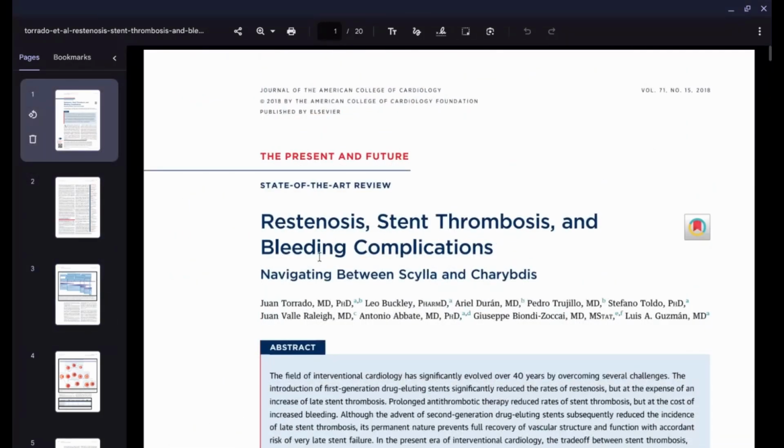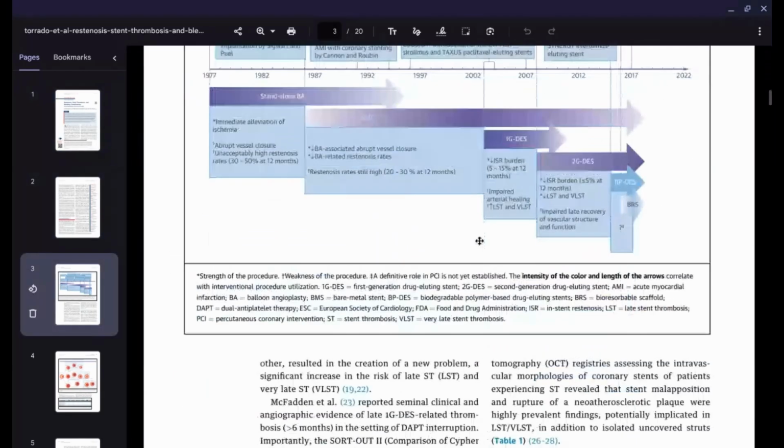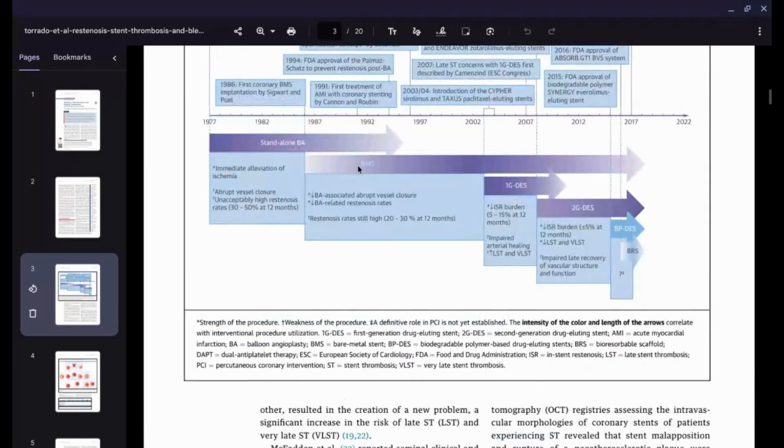So we have to understand what these complications are, and bare metal stents typically need to be innovated further, modified further. So we have to understand the complications and then accordingly do engineering modifications.